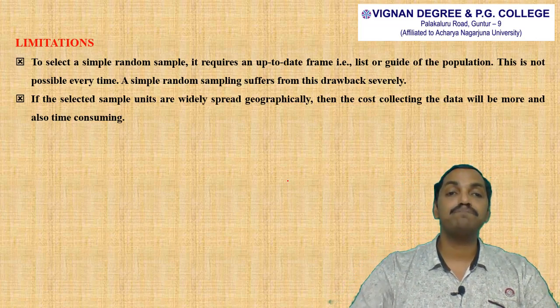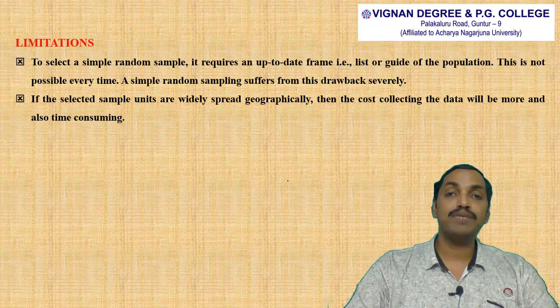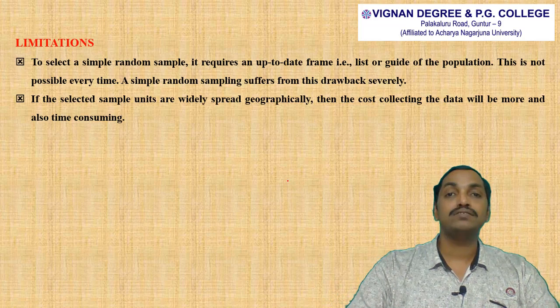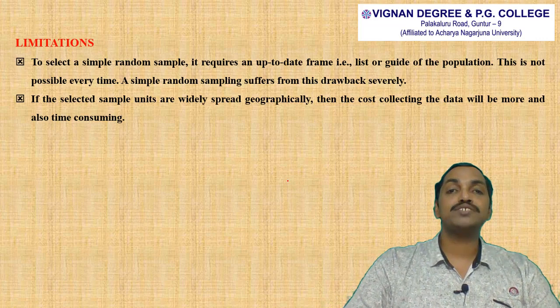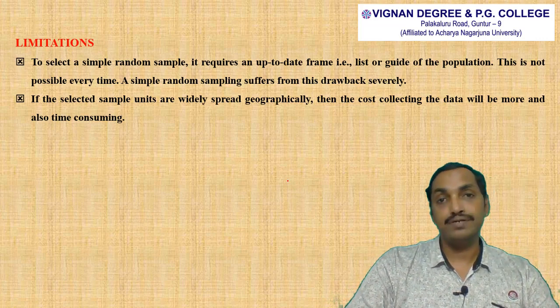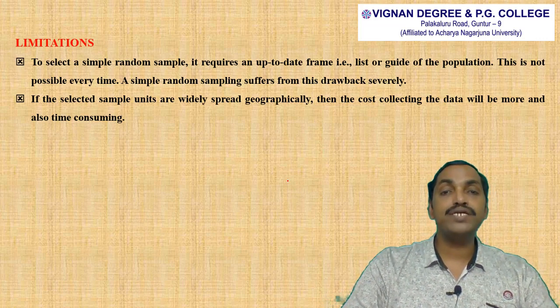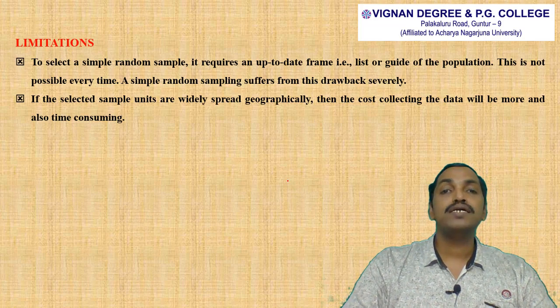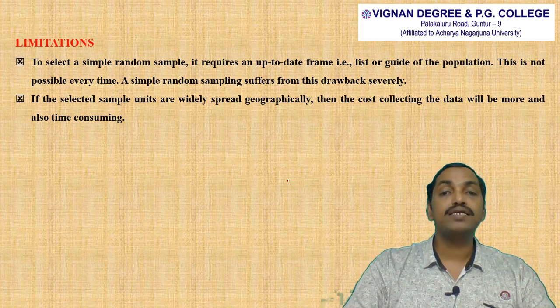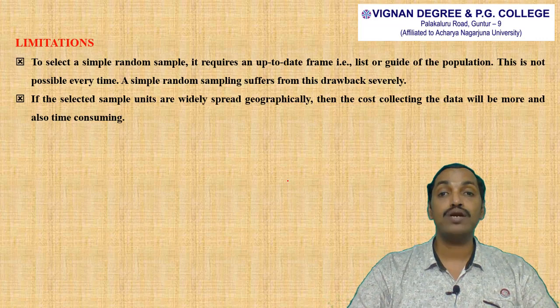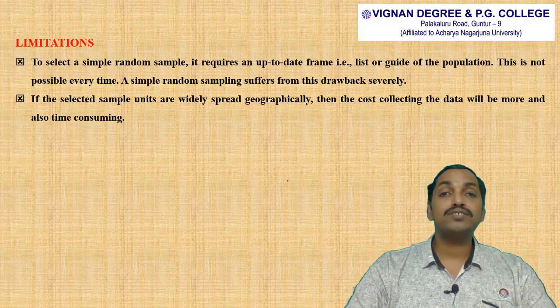That means if the sampling units are spread over different areas of a city, or the sampling units are spread over different districts, or the sampling units are spread over different countries, like that. If all the sampling units are widely spread geographically, then the cost of collecting the data will be more and also it takes a lot of time.